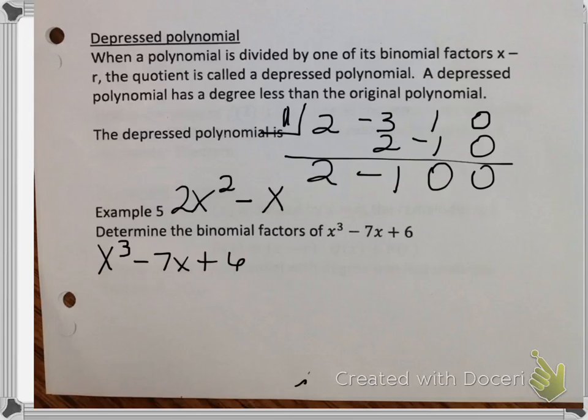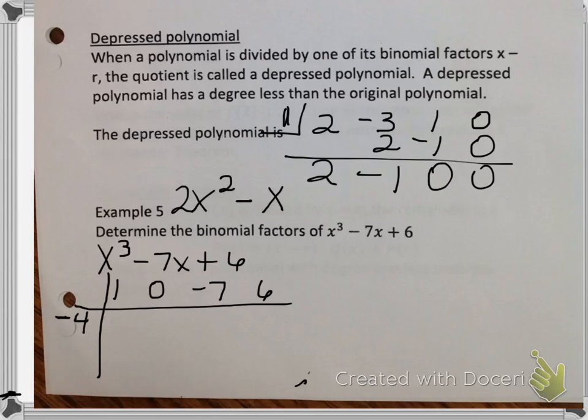That's the equation. And so if I do synthetic division on that, I'm going to have a 1, 0, -7, and 6. And so I am going to try some different factors.